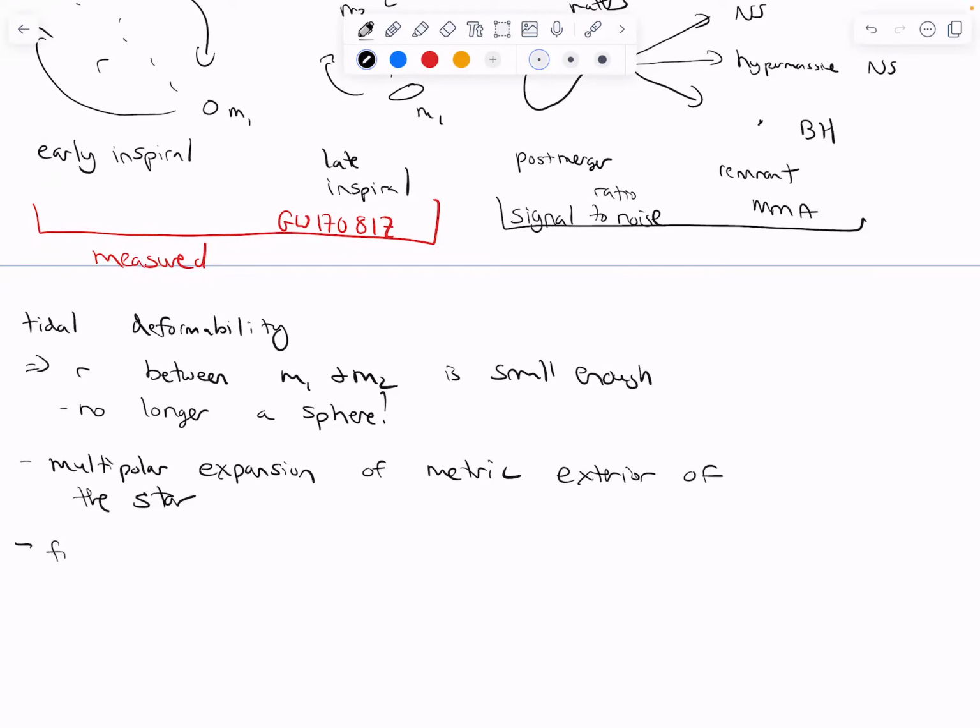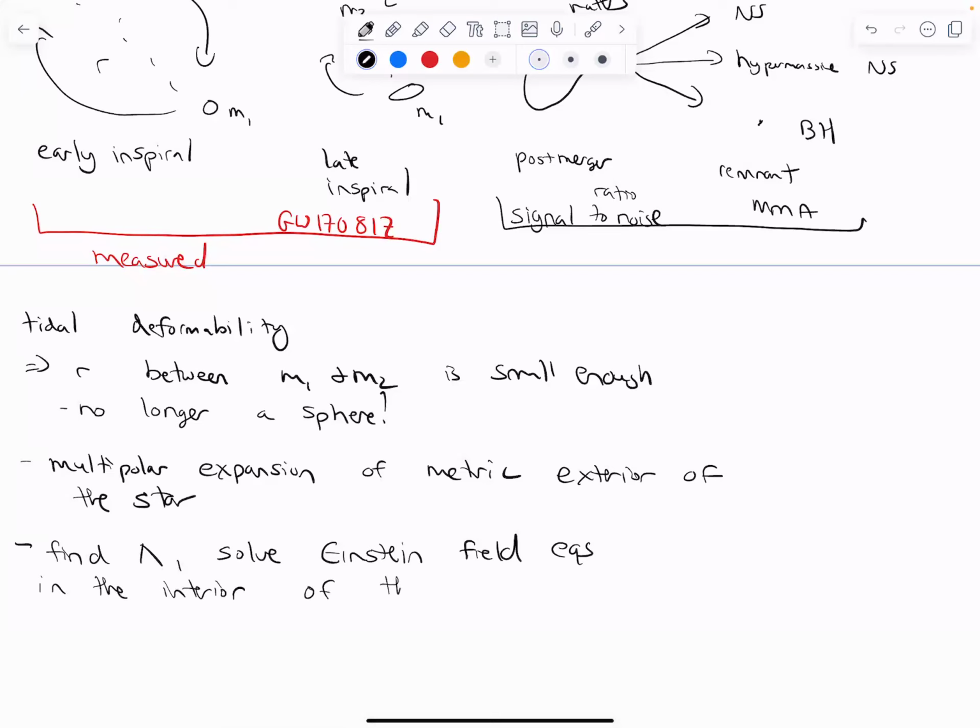Then to actually find the tidal deformability, you solve Einstein field equations in the interior of the star to first order in tidal perturbations.